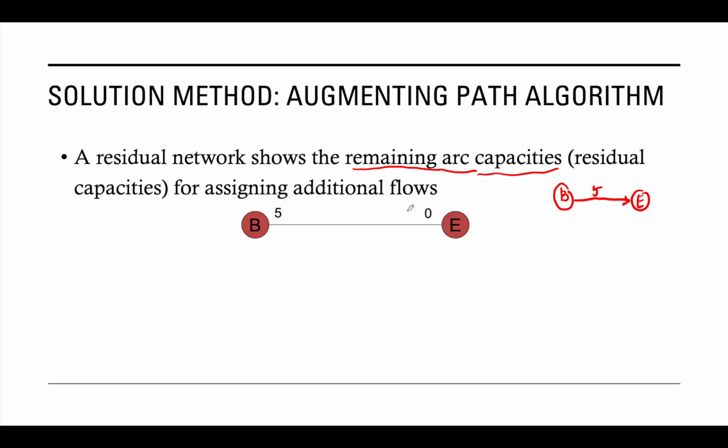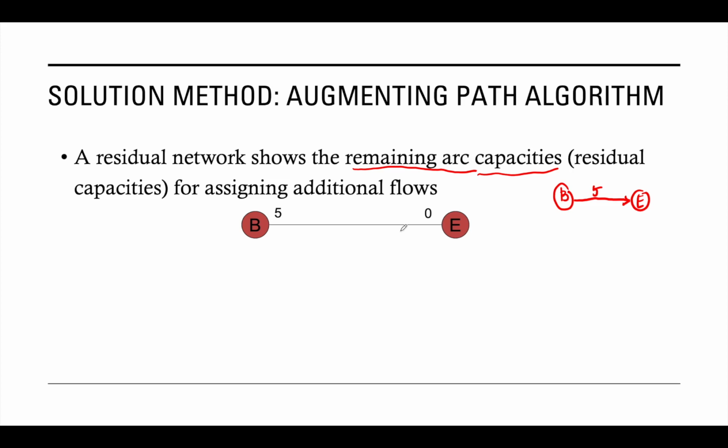And at the same time, the capacity of moving from E to B is 0. Okay? So a residual network actually removes the idea of directions. However, to still include the concept of a directed graph, you now do it via capacities. You let the capacity of going back from E to B be equal to 0.